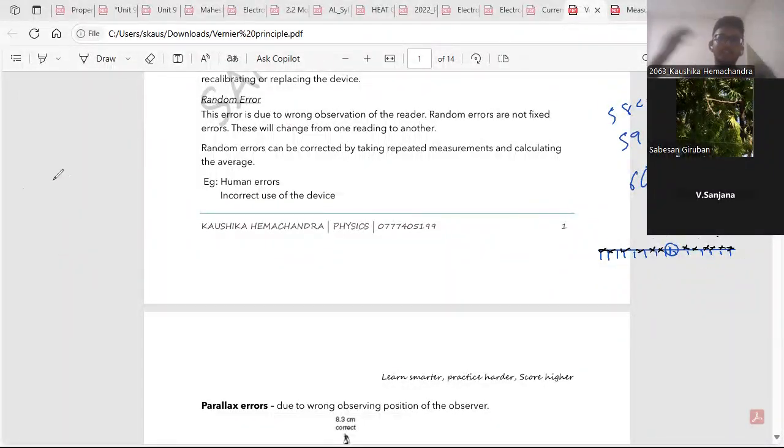Right? So in the practicals that we do, we always get 2 or 3 values for measurements, either 3 or 6, and then we take the average. So to reduce our random error, right? We are all humans, so that causes random errors. Then we have to take the average in every instance that we can to reduce the random error as much as possible.